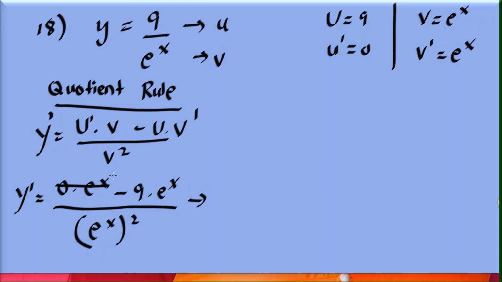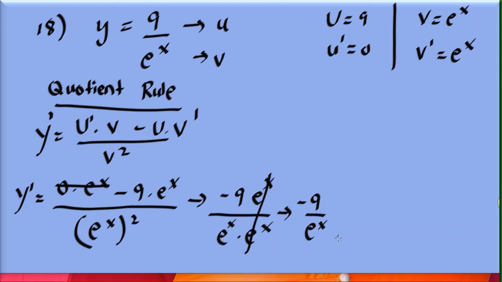Now this is cancelled. Now we have negative 9 e to the x over e to the x times e to the x, since e to the x squared means e to the x times e to the x. And I can cancel this. So what we have right now is negative 9 over e to the x. Okay, so that's quotient rule.